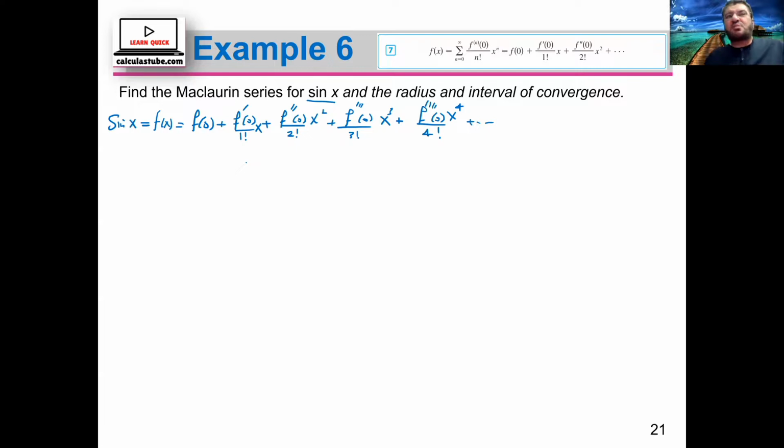So it's the same thing as Maclaurin, by the way. This is a Maclaurin, but a here is 0.